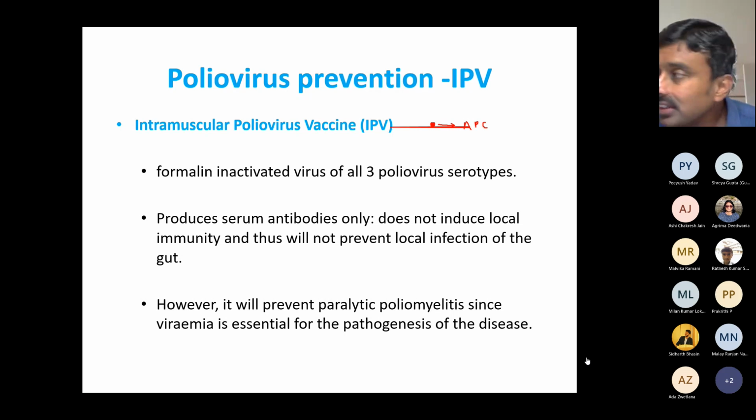But overall, what you said is correct. The longevity of memory cells varies from disease to disease. And what determines that is really not known. But overall, what is known is it depends a lot on the immunogenicity of the epitope or the neutralizing epitope.